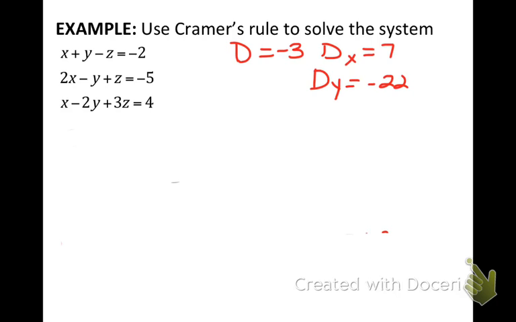Then 1, negative 1, negative 2. Then 2, negative 5, 4. Then negative 2. Okay, so we'll repeat the first two rows and find the determinant.